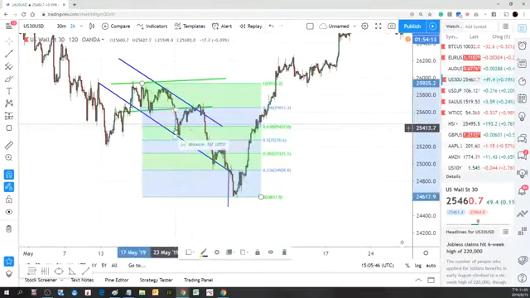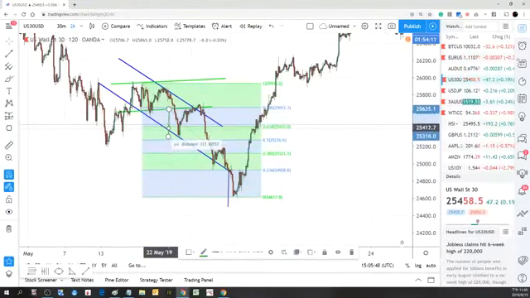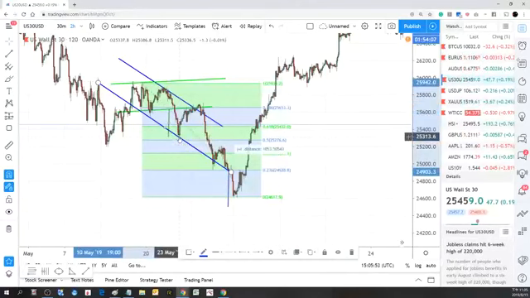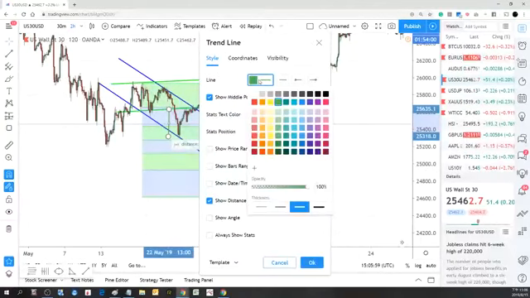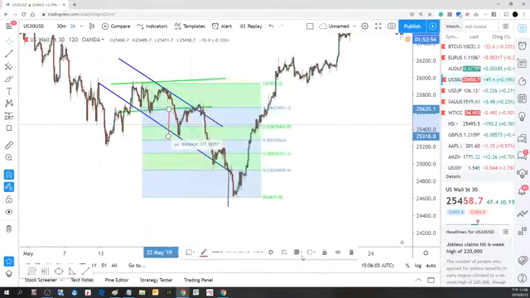So I'm just using this same thing, the neckline to the cycle top length. Let me this time turn it to red color to make it easier to look at.